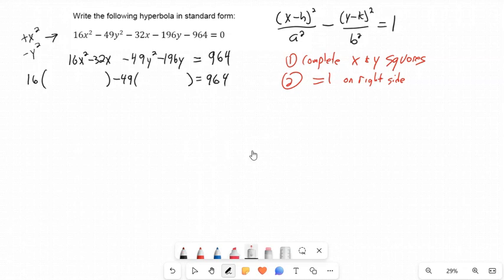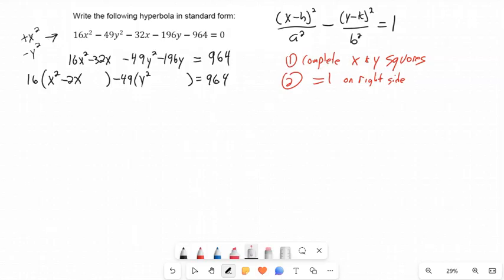Now factoring is dividing. If I divide by 16, I will just get x squared there. And if I divide this by 16, I'll get minus 2x. And that's good. We have some space because we'll need to add a number to complete the square. If I divide by negative 49 there, I just get y squared.